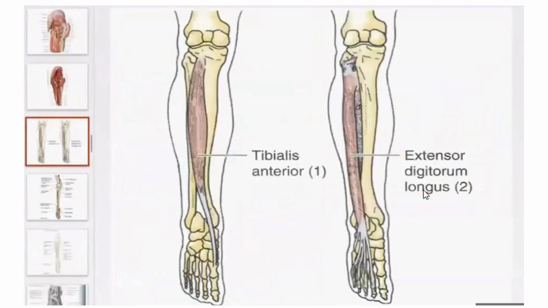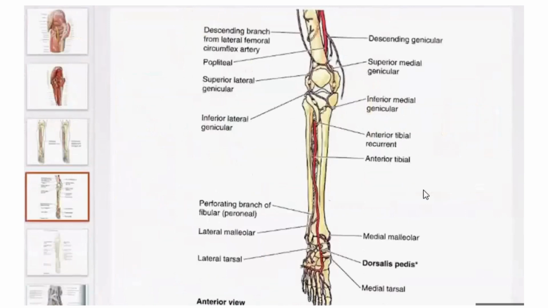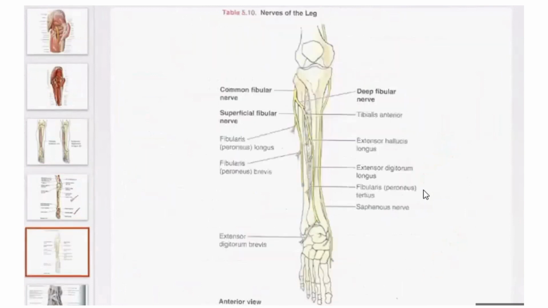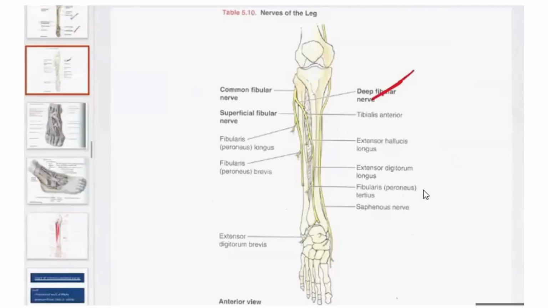Can you see the anterior tibial artery in the center, which is continuing as the dorsalis pedis artery, and the nerve is the deep peroneal nerve, which is supplying all the muscles of the anterior compartment of the leg.